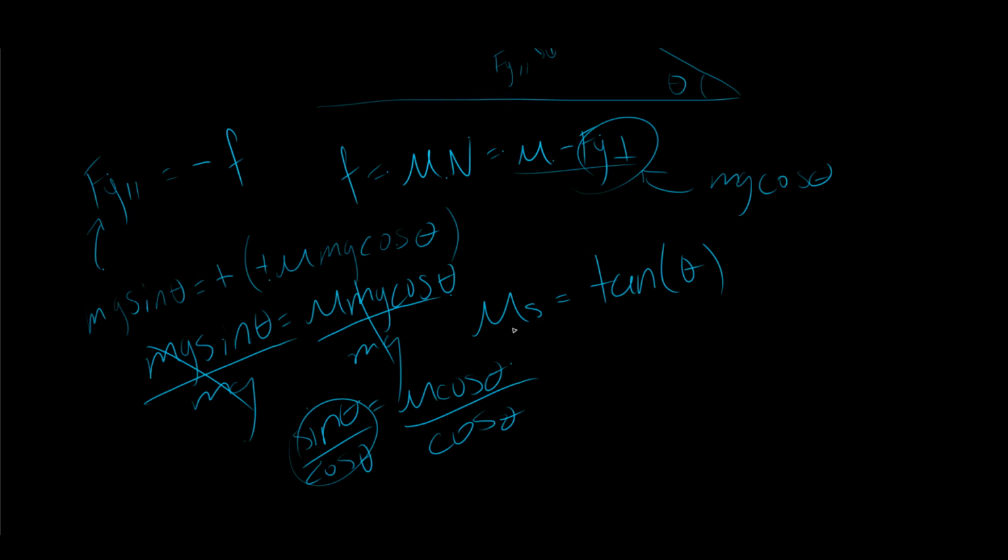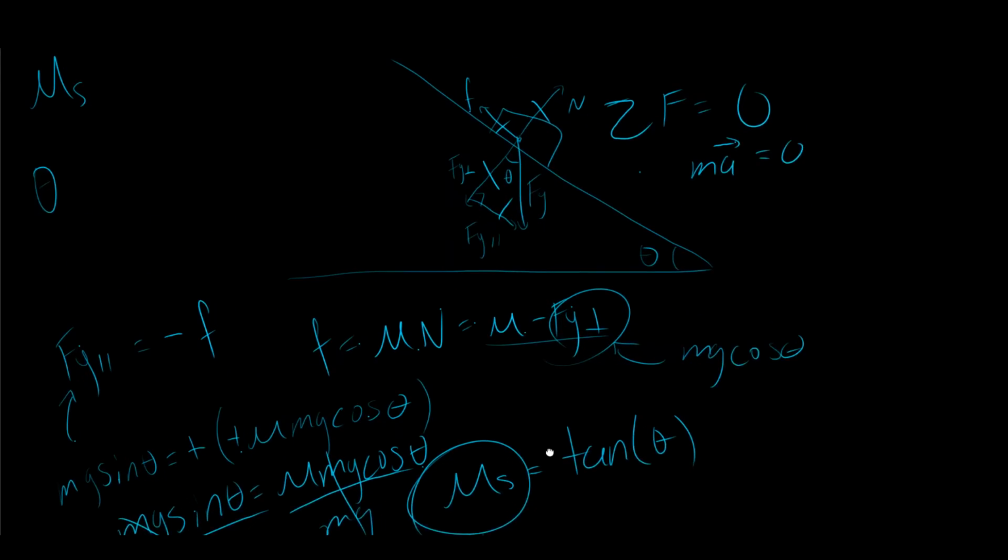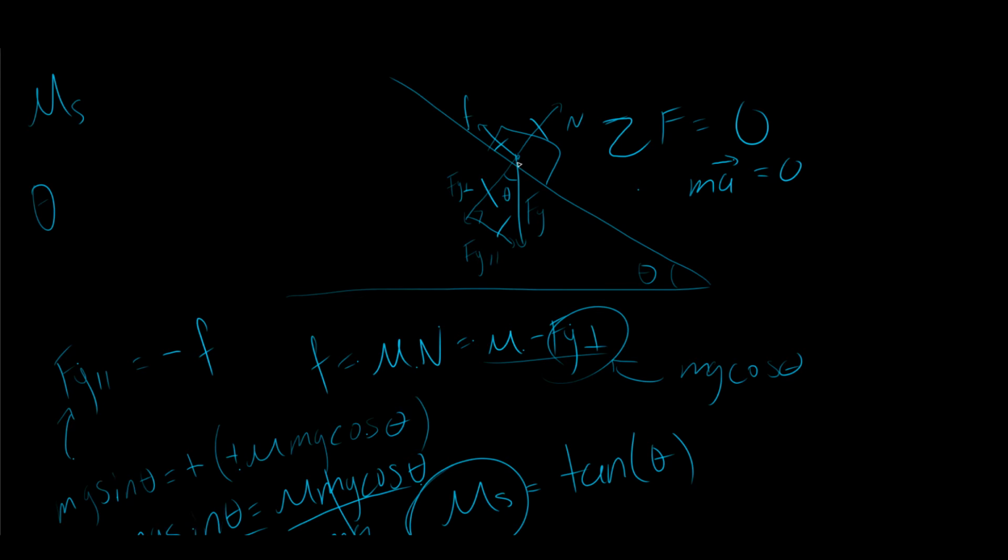Now keep in mind, this is only for the coefficient for static. That means that this block, or whatever is sitting on this inclined plane, is not accelerating down. It is just standing still. So for static coefficient, it's just tan theta.